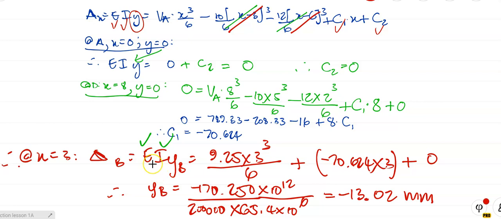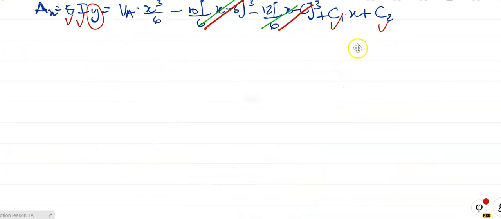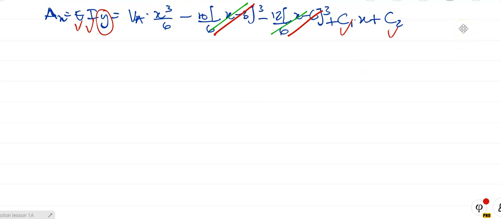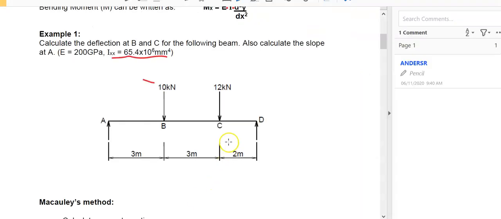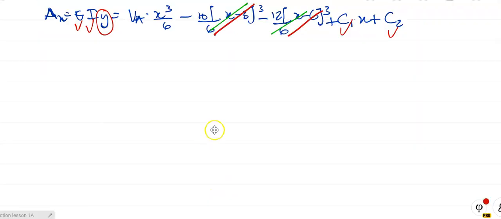Alright, I'm going to do that. I'm going to clean our board up and do it over here again. Right, there we go. So at C, x is equal to 6. So I'm going to say at C, x is equal to 6.